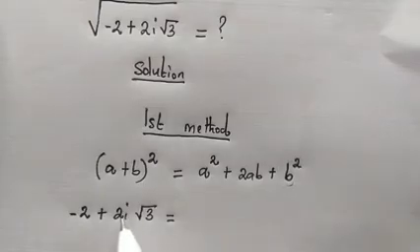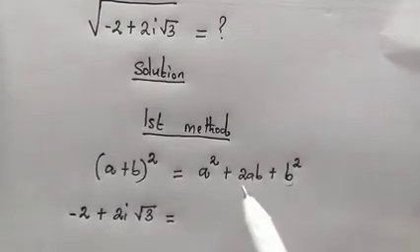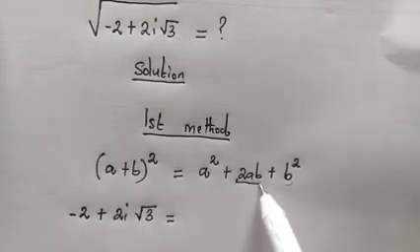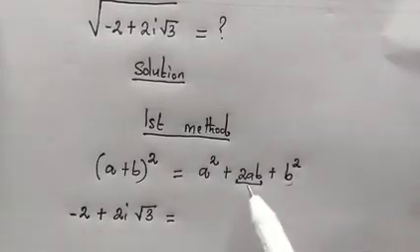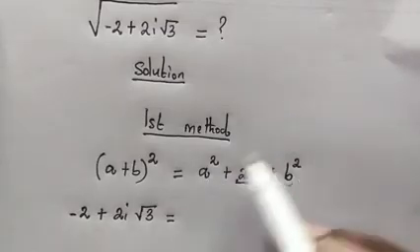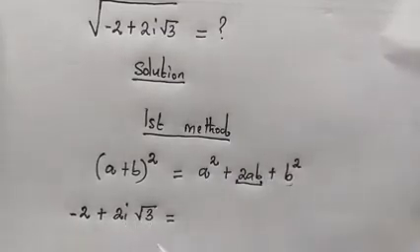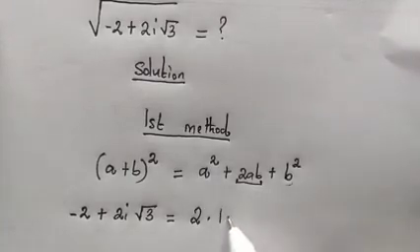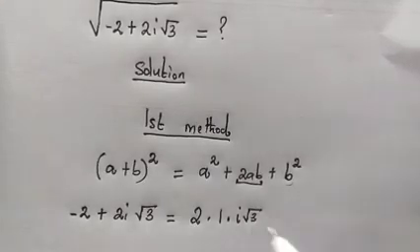Let's start with this one here, 2 times something times something. You get the idea? So if you start with this one, since we're trying to get something in this form first, then we need to know the next terms to be squared. So 2i root 3, we can express that as 2 multiplied by 1, and then multiply by i root 3, right?